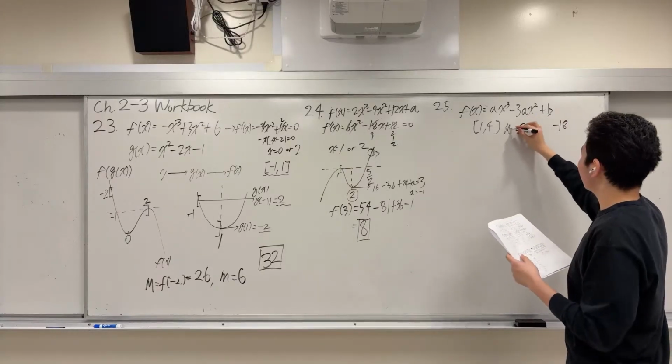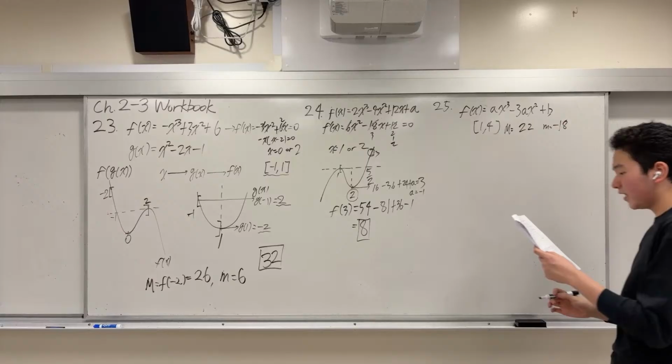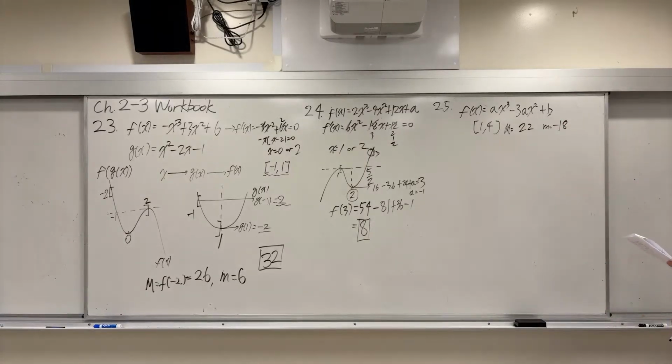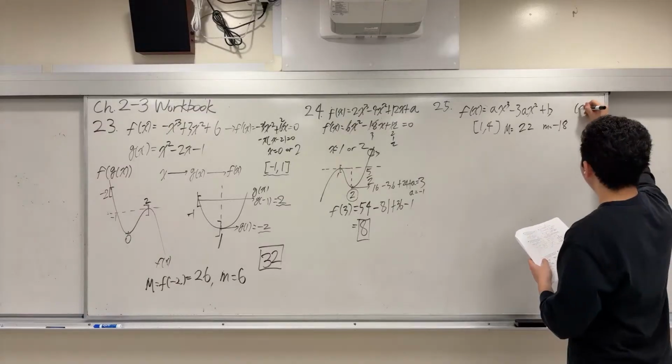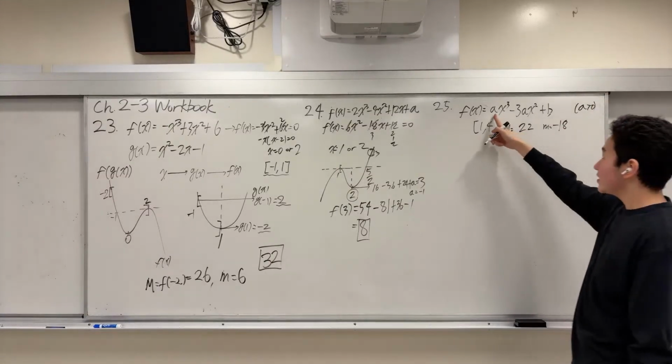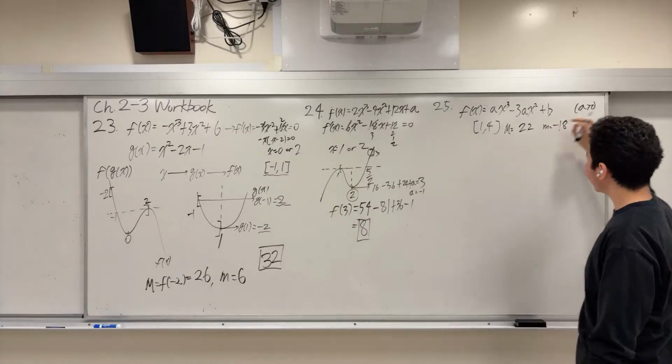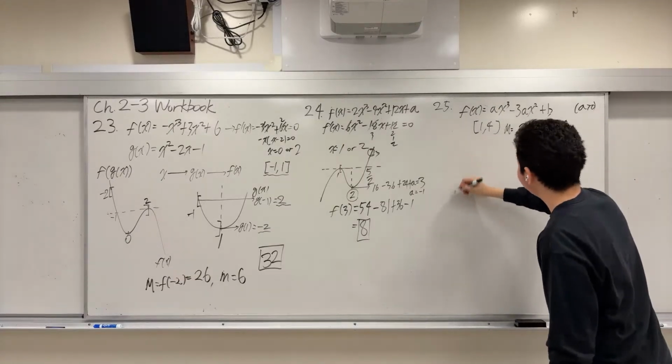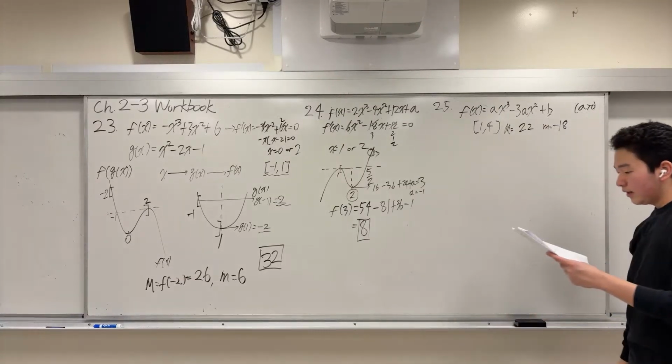So this is going to be our maximum value, this is going to be our minimum value, and find a plus b. Note, a is positive. Okay, so that's a big hint, I guess, because a is our leading coefficient, and the fact that a is positive gives us at least a framework to work with.